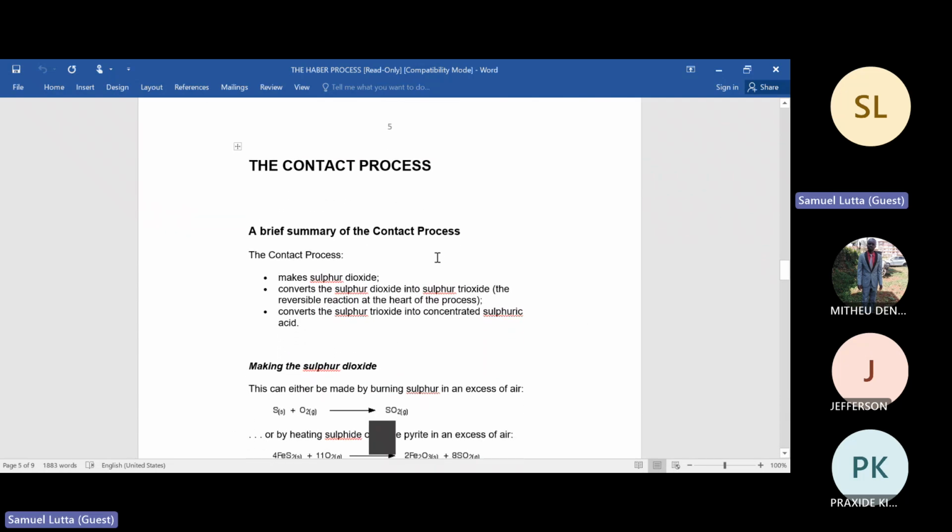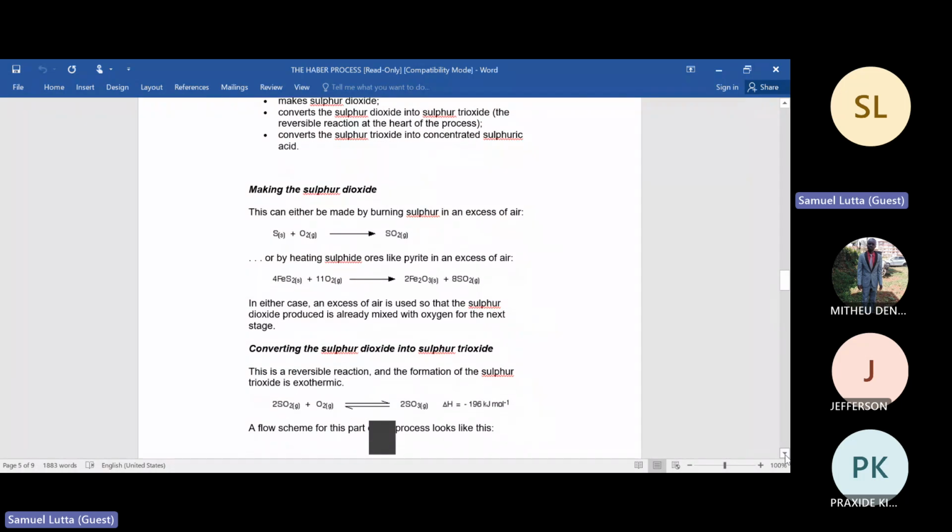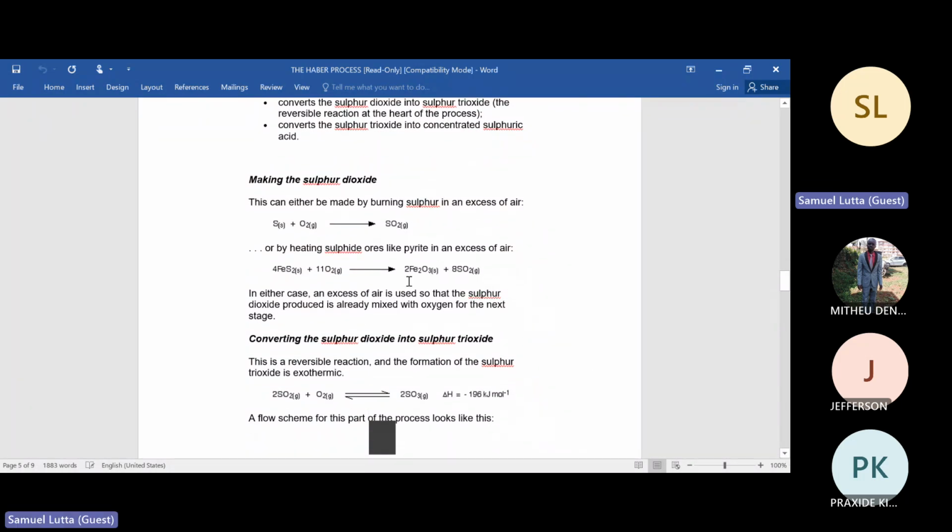And then we have another process that we can talk about just briefly. I know the numbers have fallen down. So we have what we call the contact process. This one we use to manufacture sulfuric acid. So sulfuric acid is made from a process called the contact process, and the raw material is sulfur dioxide.